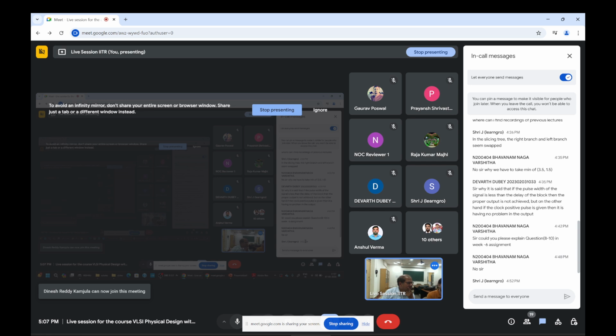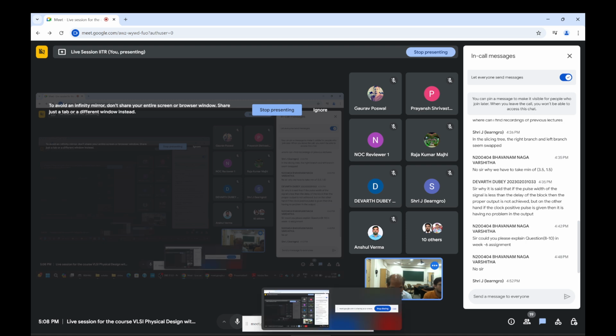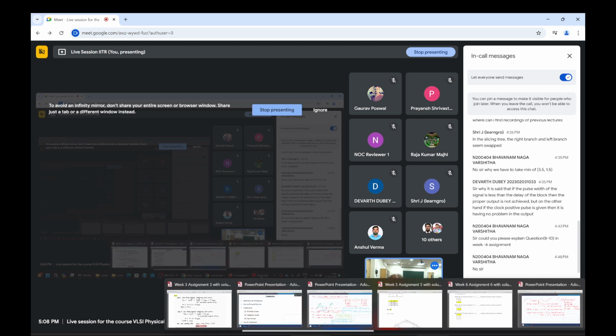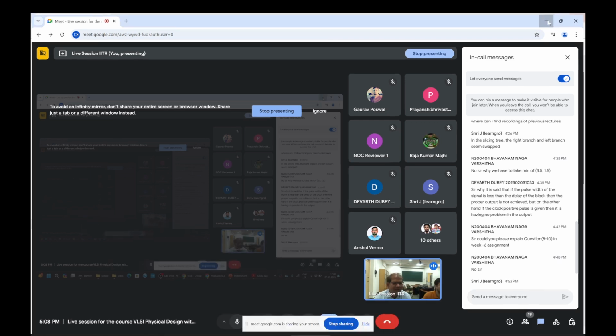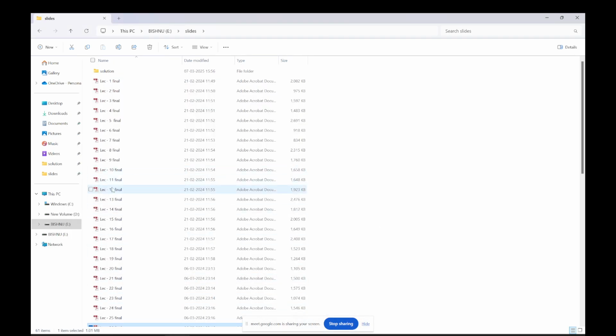How can I change the connections? Okay, that I told in one picture. So which slide actually is it here? It is related to the lecture, you have to open lecture 11.